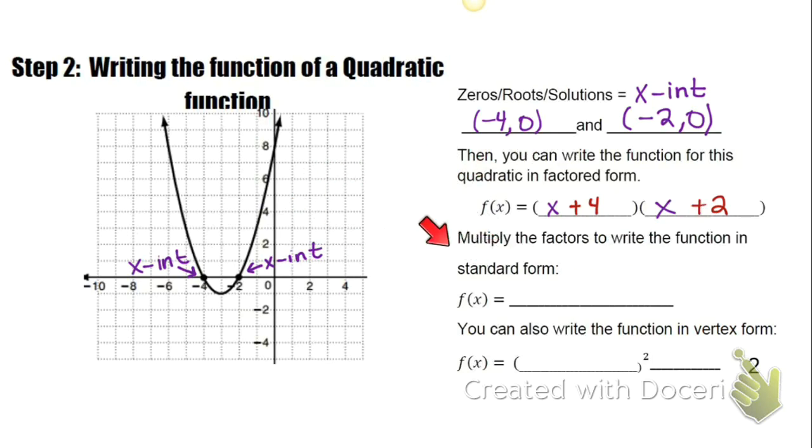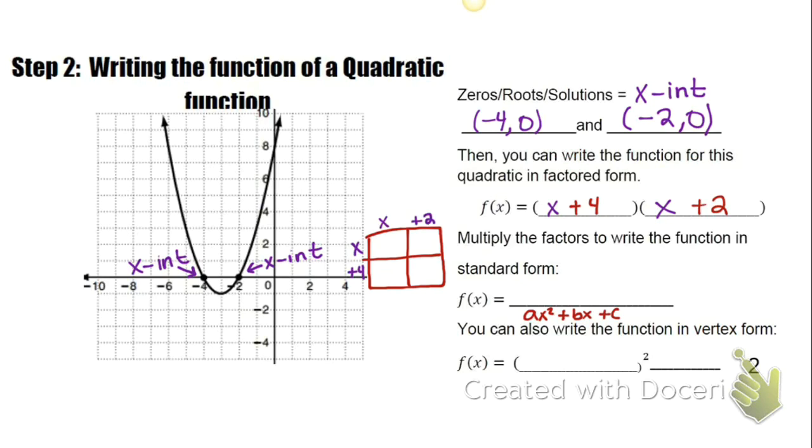Now we need to multiply the factors to write the function in standard form. Remember that standard form is ax squared plus bx plus c. So let's multiply the factors. We're going to set up our 2 by 2 square because we have two terms in each parentheses, and we're going to write x plus 4 over here and x plus 2 at the top.